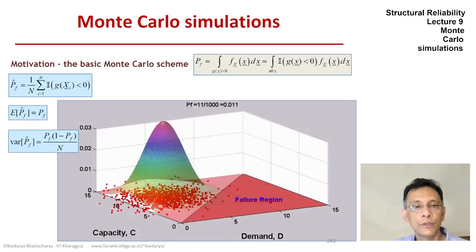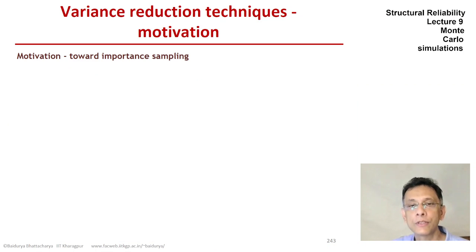That brings us to the idea of importance sampling, where we do not waste the sampling points. If it is done carefully, we can achieve the same accuracy with a lot fewer samples. While generating random numbers may not be that expensive, what we do with those random numbers in every trial can be very demanding.